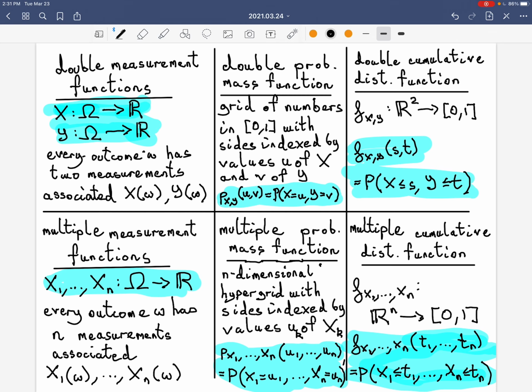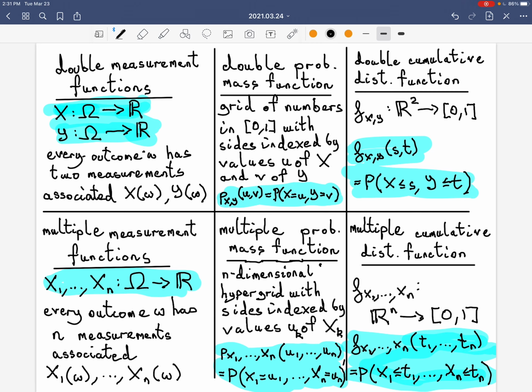So, in order to interpret or to analyze multiple random variables mathematically, we make the same generalization from lower dimensions to higher dimensions that we made in going from single random variables to double random variables. So we had a linear table to record the probability mass function of a single random variable.